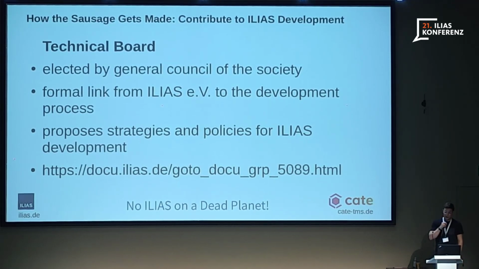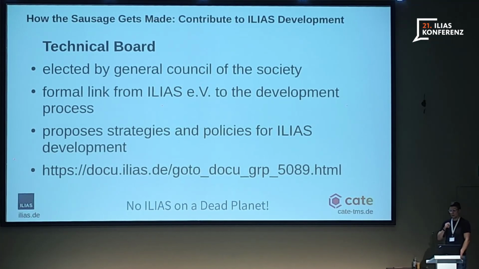Our task is to propose strategies and policies for ILIAS development. We're not the persons who actually do the development. We might be doing development, of course, but that is not what we are elected for. We are elected for proposing strategies and policies. We can't just decree something and say, now it works like this.